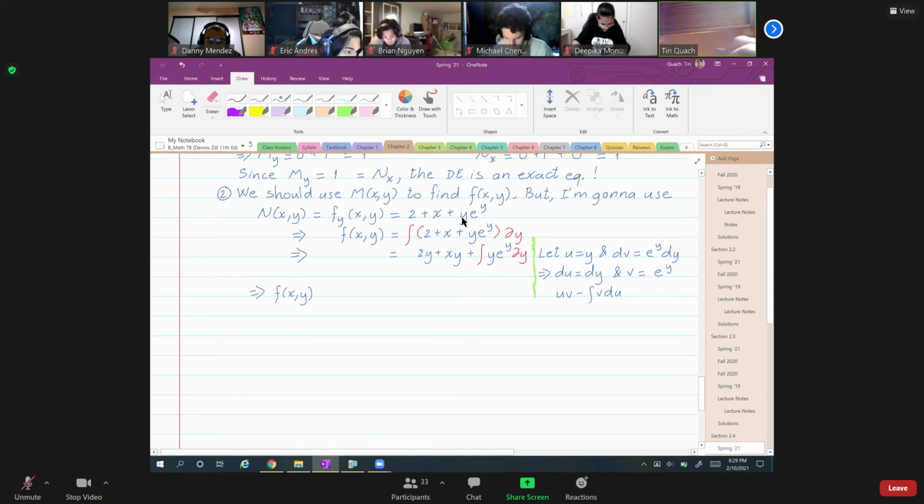So what you have is 2y plus xy plus, and then the integral is going to be uv, which is y e to the y, minus the integral of v du, which is e to the y dy.